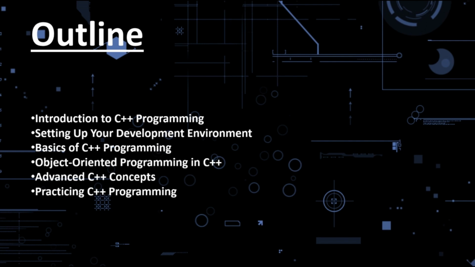Moving to advanced C++ concepts. As your C++ skills progress, you will explore more advanced topics that are critical for writing efficient and robust applications. These topics include templates, generic programming, smart pointers for memory management, and exception handling for error control.